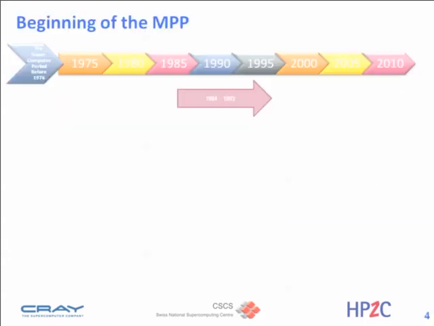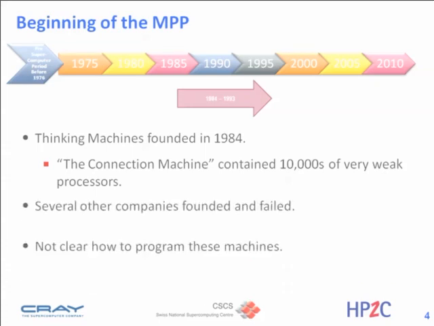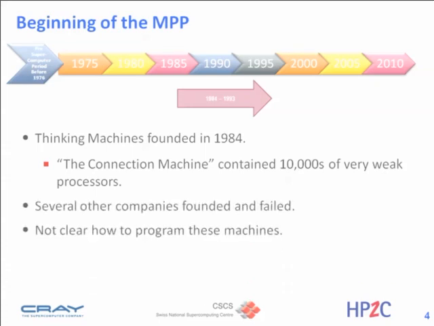Let's start with some history. In the second half of the 1980s, the MPP story started. MPP stands for Massively Parallel Processors.